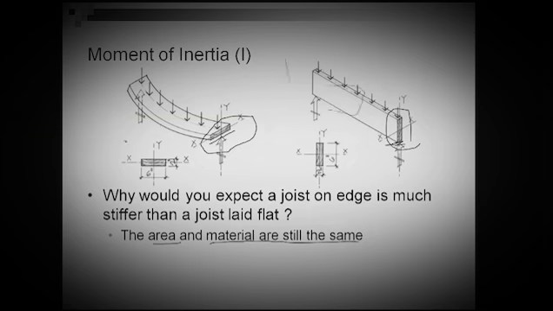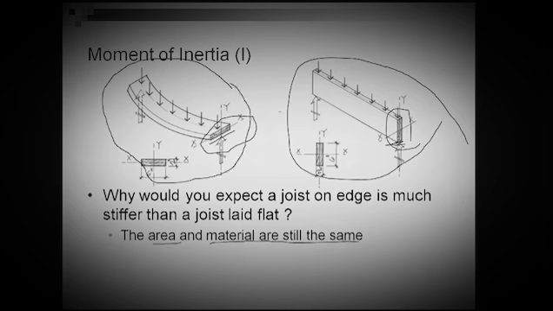Because of the orientation, the moment of inertia gets much larger when it is on edge than when it is on the flat. That's why. Absolutely right. Bigger moment of inertia, more resistance.